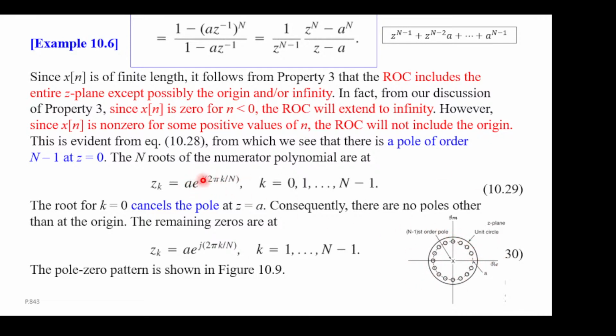So it's a times e to the j 2 pi k over n, with k from 0 to n minus 1. So it's these points: a, and e to the j 2 pi over n, e to the j 2 pi 2 over n, etc. So you have those n roots on this radius, on a ring.